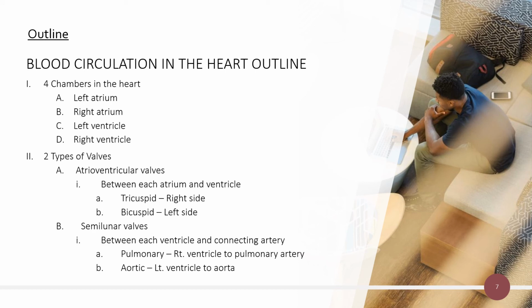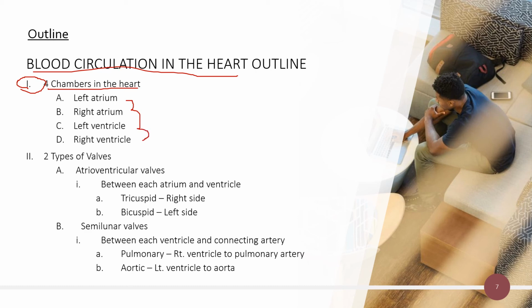Now here is the same thing, blood circulation in the heart, but this is what an outline of the information would look like. See, up here you have Roman numeral 1, there are 4 chambers in the heart: the left atrium, the right atrium, the left ventricle, and the right ventricle.